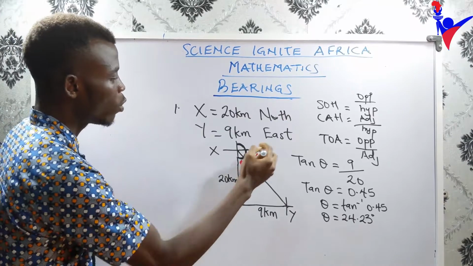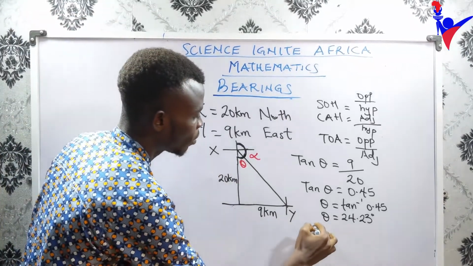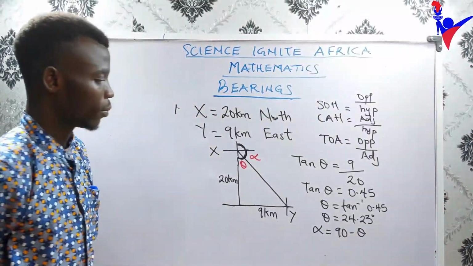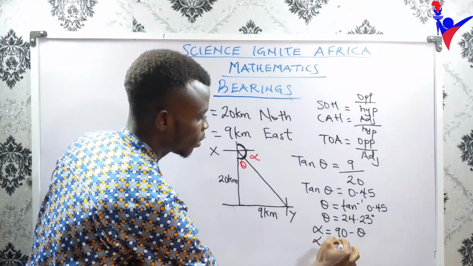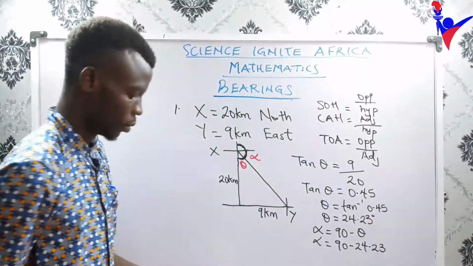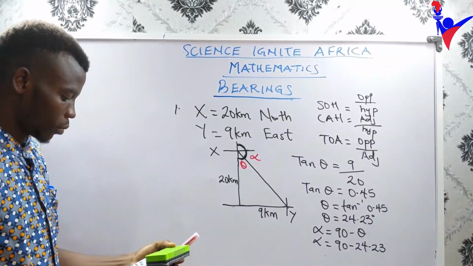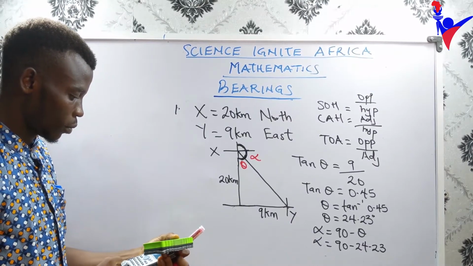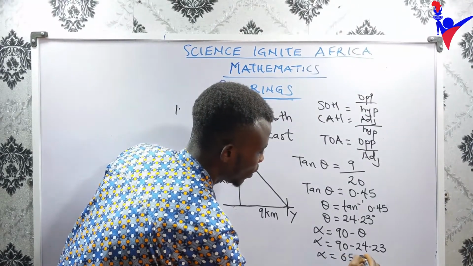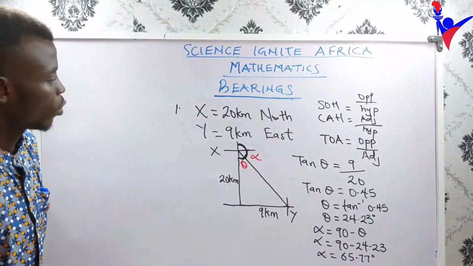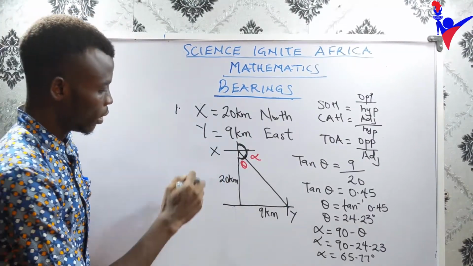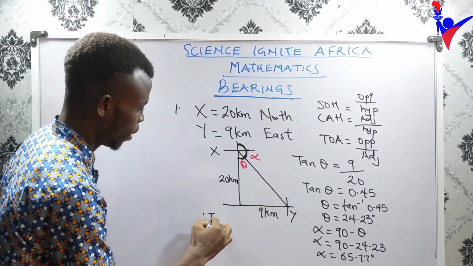So alpha equals 90 minus theta, which is 90 minus 24.23. I'm having alpha as 65.77 degrees.